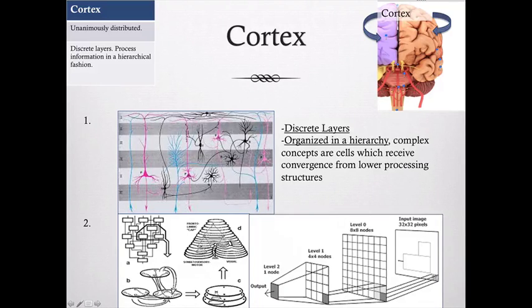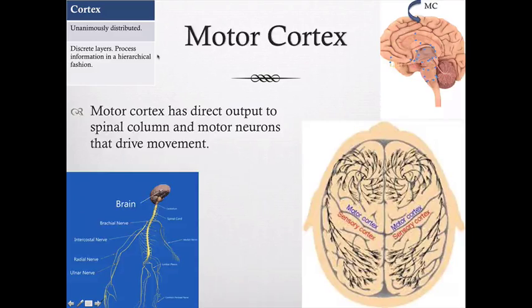So you can sort of see how they'd be stacked up, and information is conducted down and up these things. They're represented in different ways here. You're probably familiar with this sort of grid. Okay. So the motor cortex, more specifically, is this region of cortex which has direct output to the spinal column, which goes ahead and moves any one of your muscles.